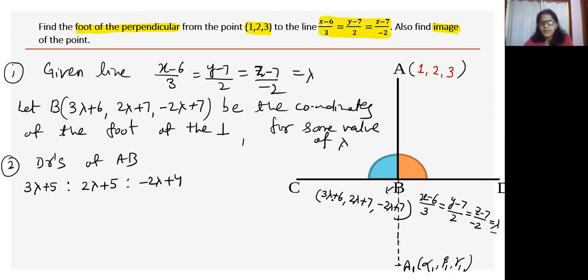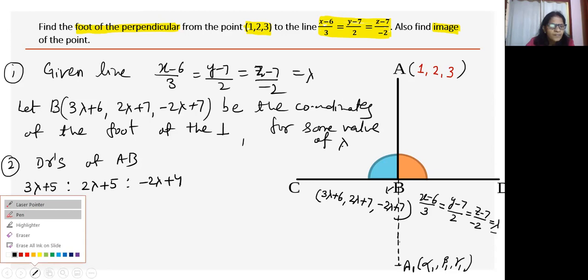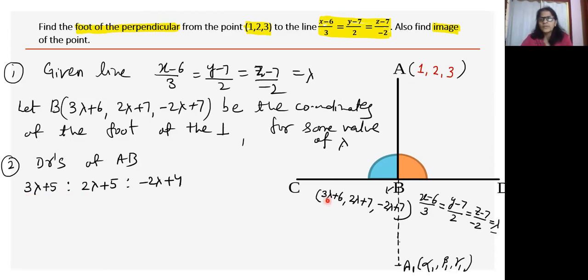What we have taken is 3 lambda plus 6 minus 1, then 2 lambda plus 7 minus 2, minus 2 lambda plus 7 minus 3. So we are getting the direction ratios like this.